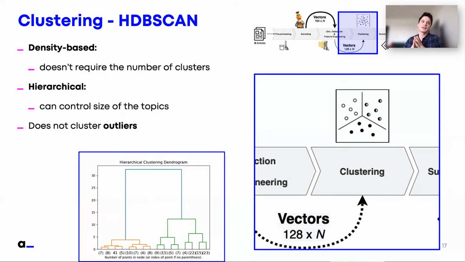And hierarchical means that we can control the size of the topics, which means we can control the homogeneity, or how homogeneous we expect the topic to be, which in practice would mean, do we want to have all the football articles clustered together, or do we want to have Bundesliga, Champions League, and Bundesliga 2 in separate clusters? Just by cutting this hierarchy at the right spot, we find the correct one.